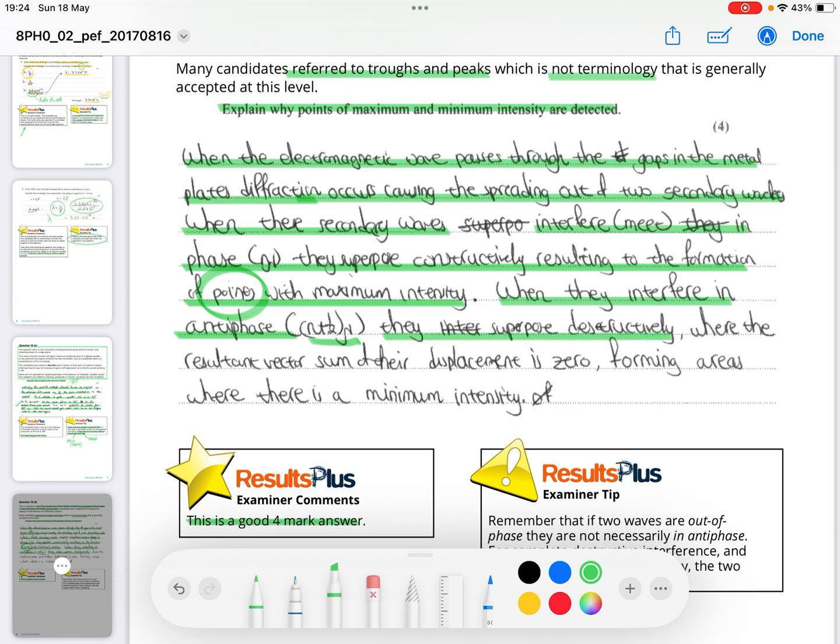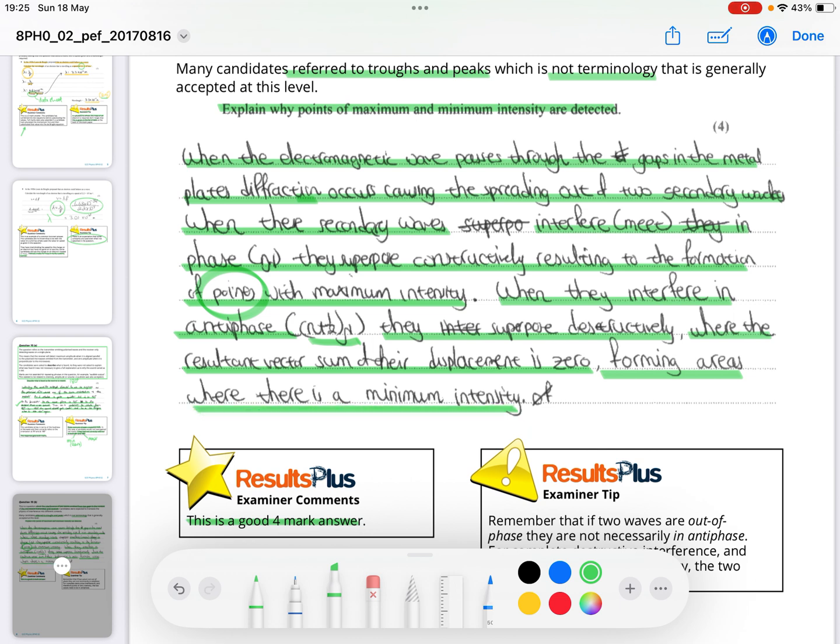So he's mentioned constructive interference, destructive interference, and interference being superposition of waves, where the resultant vector sum of their displacement is 0. I like that. Yes, he realized that displacement is a vector, forming areas where there is minimum intensity. Yes?